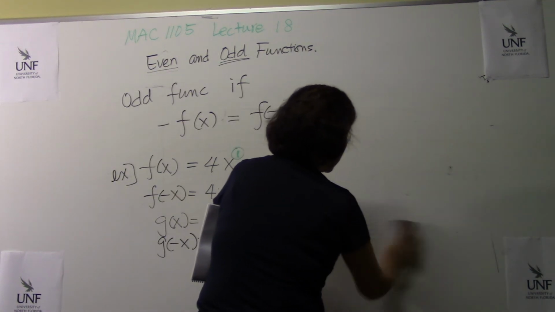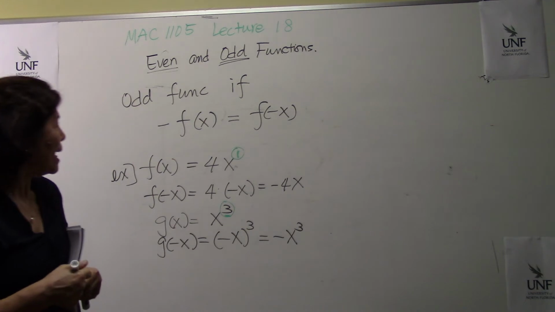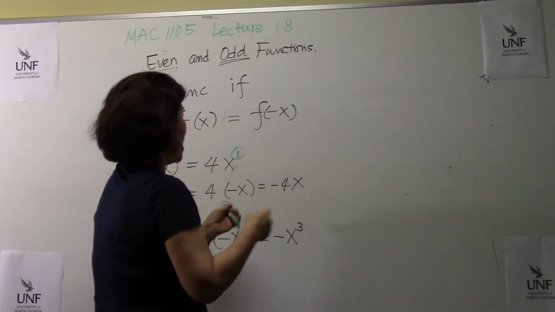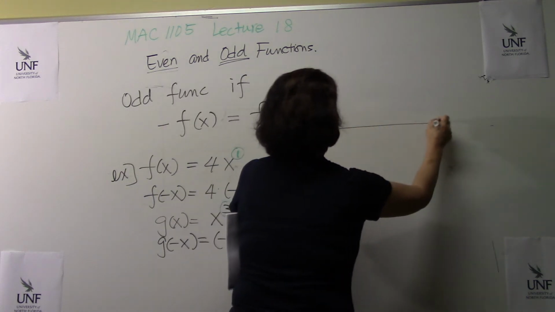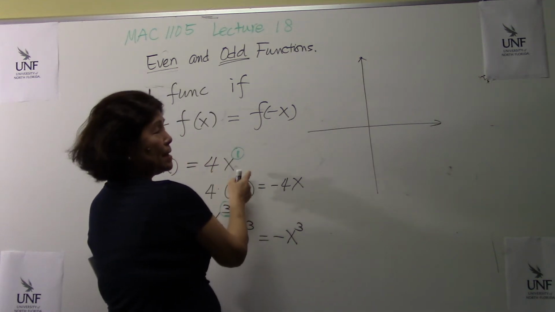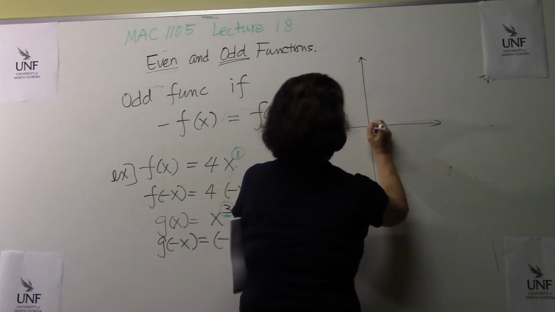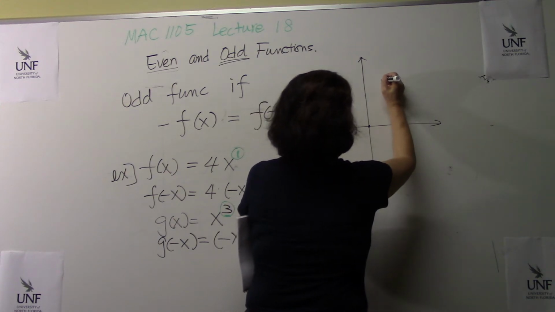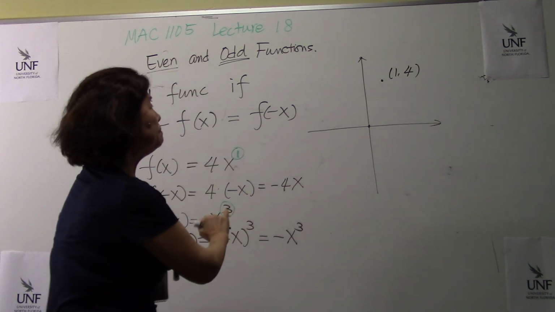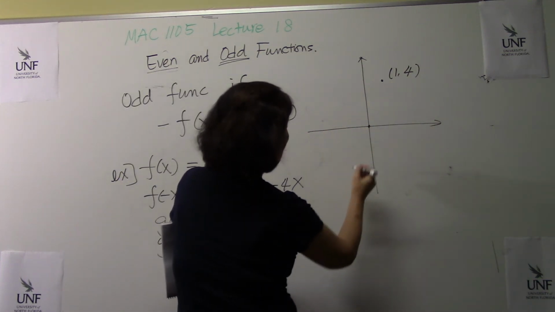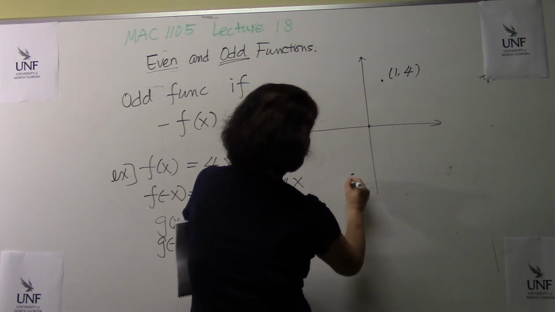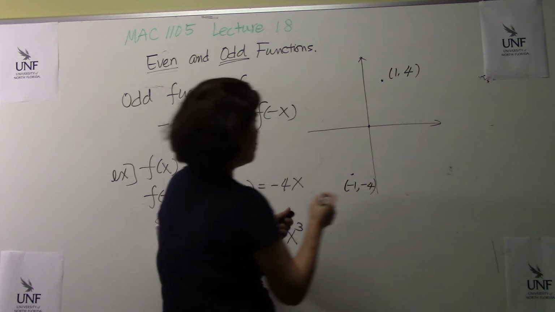Then let's look at, in terms of graph, what kind of properties we can see. When you have y equals 4x, everybody knows the graph. Slope is 4 and the y-intercept is 0. So here is 0, 0, and here is 1, 4. When x equals negative 1, it goes to negative 1, comma, negative 4.